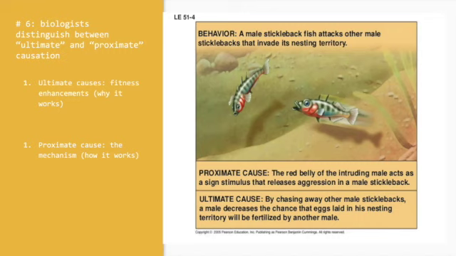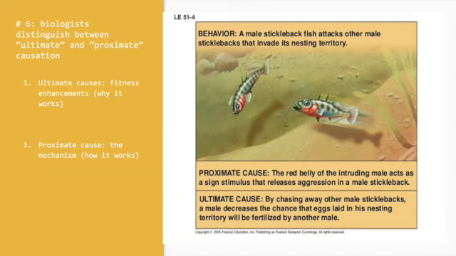A simple example from biology: stickleback fish attack other male sticklebacks that invade their territory. Now, the proximate cue for the attack is a red belly. Male sticklebacks have red bellies, and so when they see a fish with a red belly, they just go for it and attack the thing.